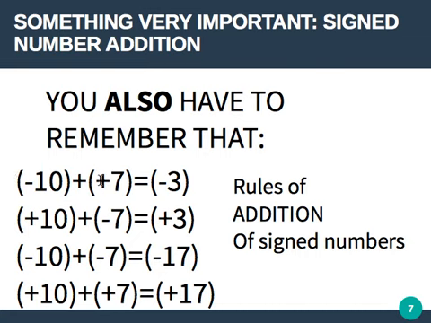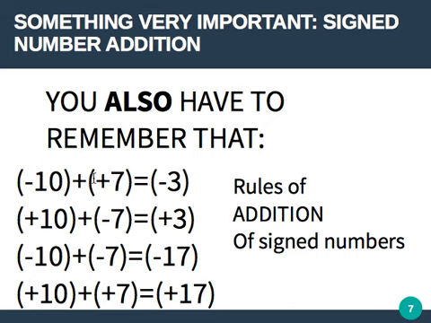When you have different signs, remember that? Are you remembering it, guys? Different signs, I'm sorry, you gotta subtract. 10 minus 7 is 3. But remember that you put the sign of the bigger number.